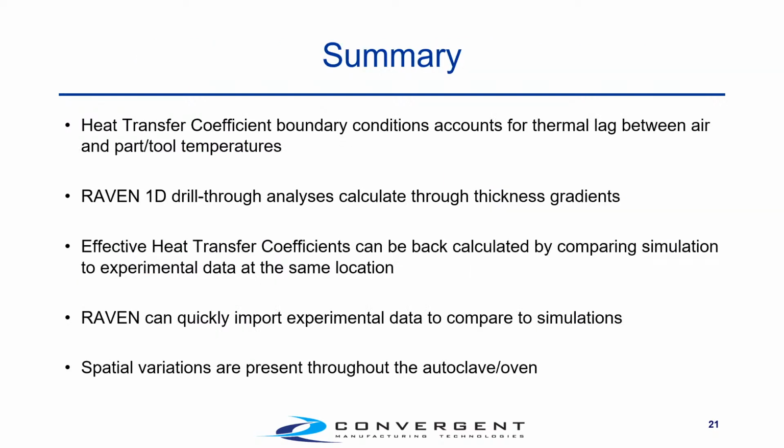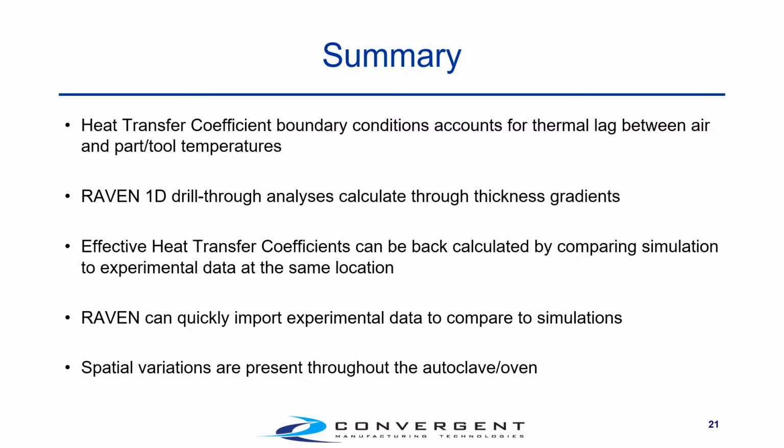Through these examples, we were able to see that the HTC boundary condition allows you to account for thermal lag between the air, the part, and tool temperatures, and the Raven 1D drill-through analysis can be used to calculate gradients through the thickness of the part as well.